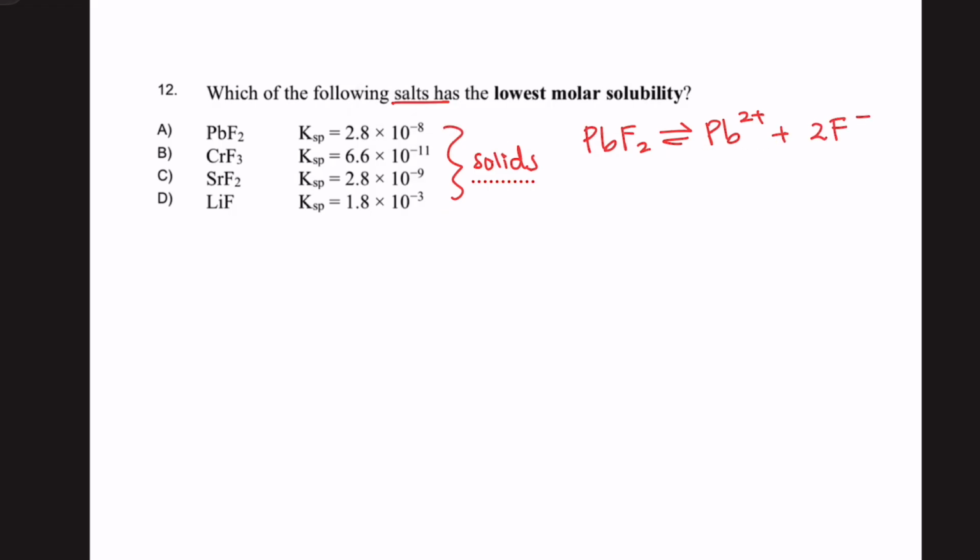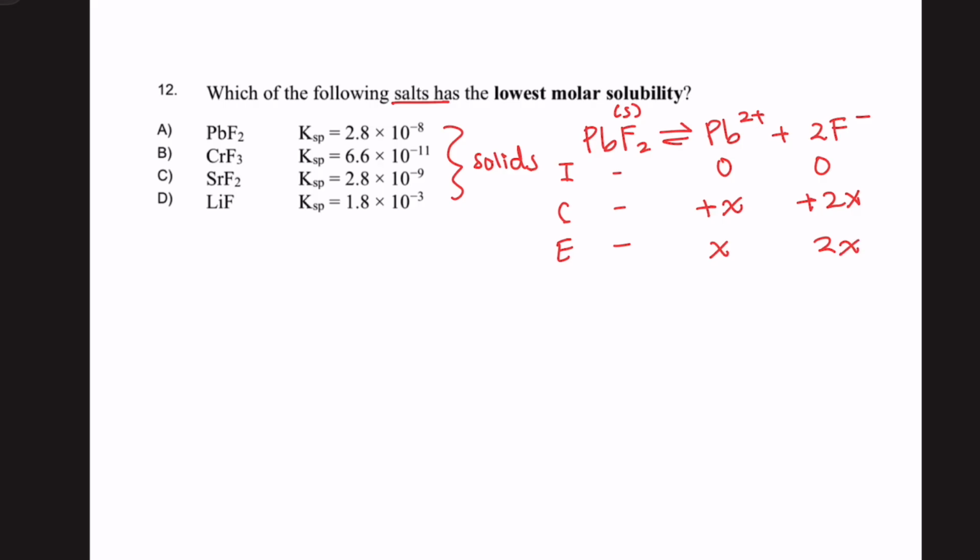Make sure to balance the equation. And we can do ice tables for these. So our initial, because these are solids, we can just do a tick here. It's not going to have any initial because it doesn't have a concentration or a pressure. But our ions here do have concentrations, and they start off as 0. And we're going to add X and add 2X. So then at equilibrium, it's just going to be X and 2X.